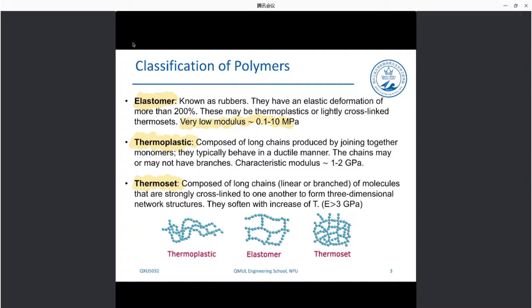Some characteristic examples of elastomers can be, let's say, natural rubber, nitrile butadiene rubber, polydimethyl siloxane, which has silicon and oxygen atoms in the main chain, as we said, so that makes it extremely soft and so on.